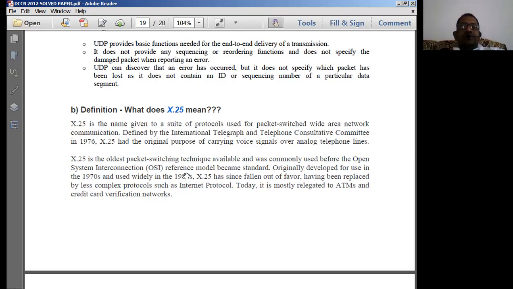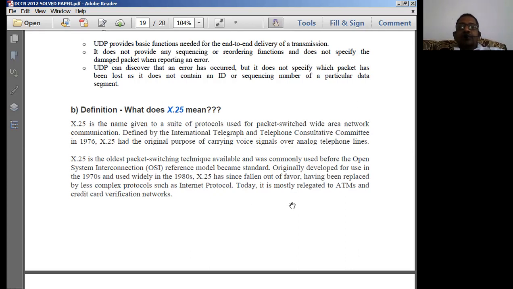X.25 has since fallen out of favor, having been replaced by less complex protocols such as Internet Protocol. After the advent of Internet Protocol, people are using only TCP/IP rather than X.25 because of the simplicity of TCP/IP over the X.25 protocol.